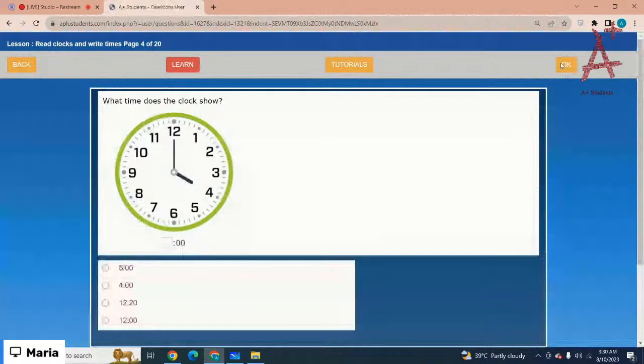Yes, that would be 4. The correct option is 4.